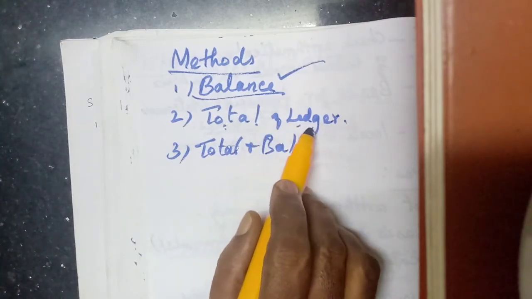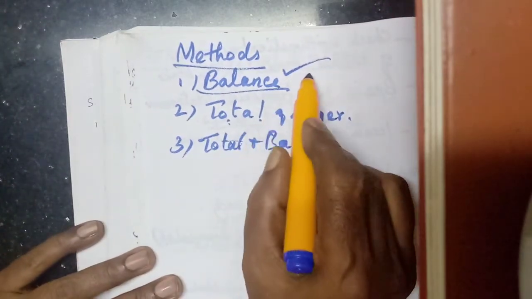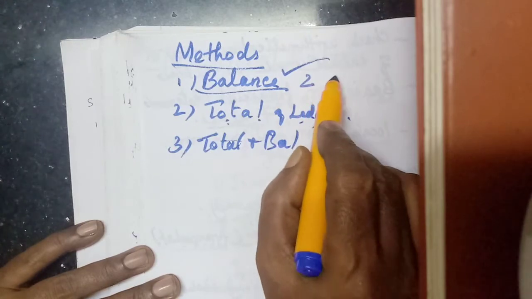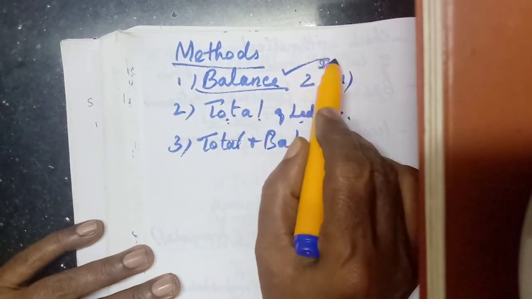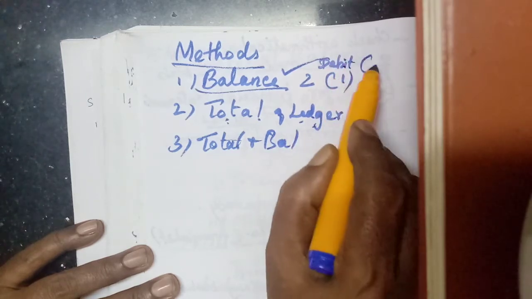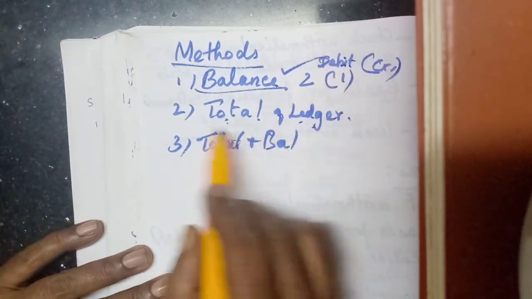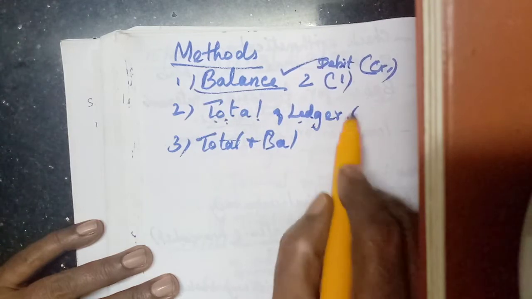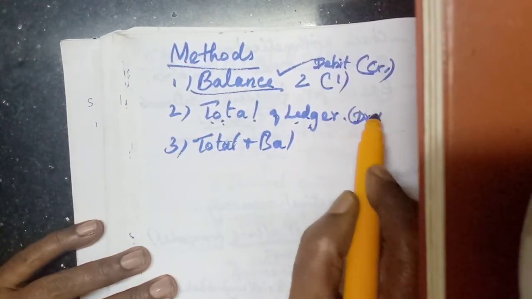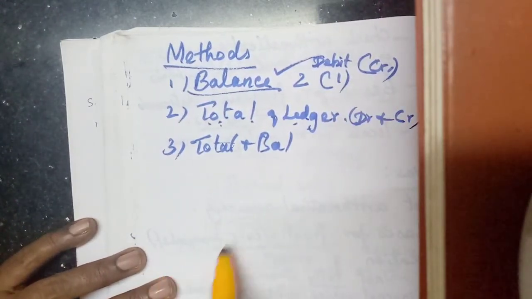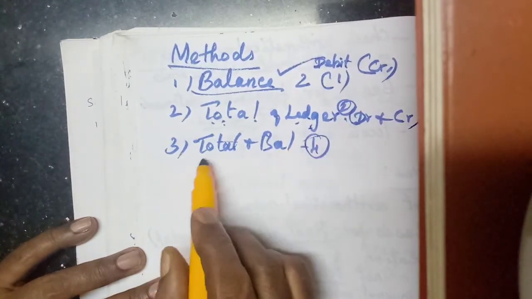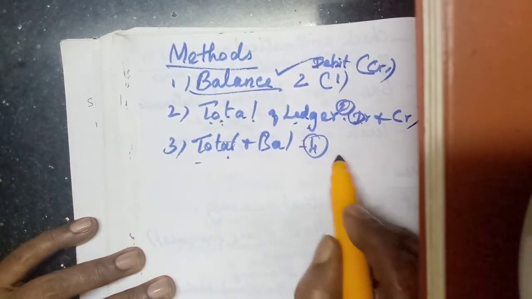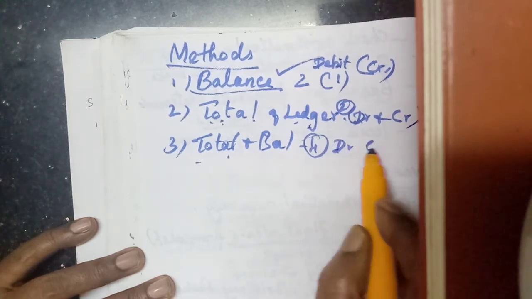Here two amount columns are available, and we will write the total of both debit as well as credit. In the total and balance method, there are four columns in total: total of debit and total of credit.